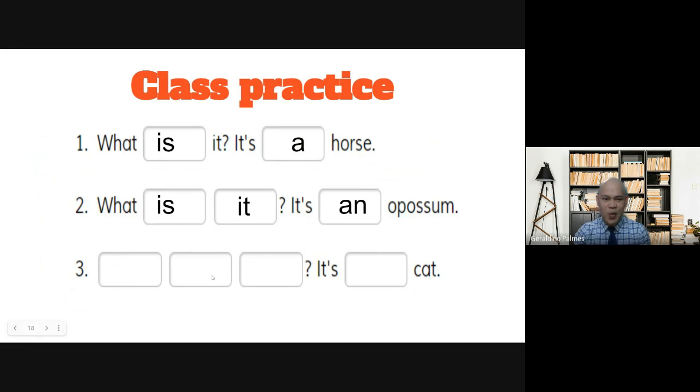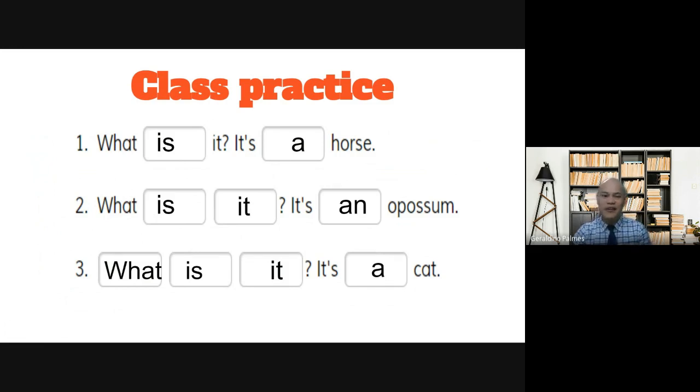What about here? What is it? That's correct. Now let's go to the last part of the answer. Is it an or a? Look at the cat. Does it start with a consonant or a vowel? It's a consonant. For vowels, we have A, E, I, O, U. Yes, it's a cat.